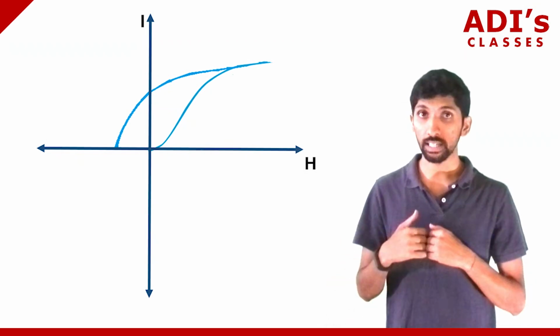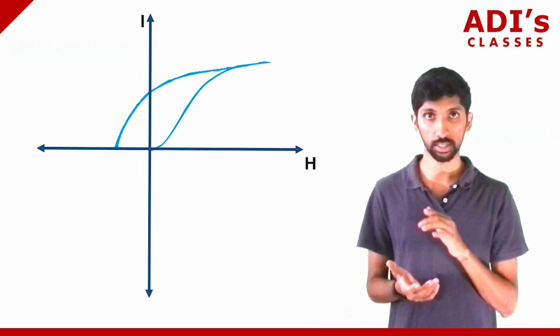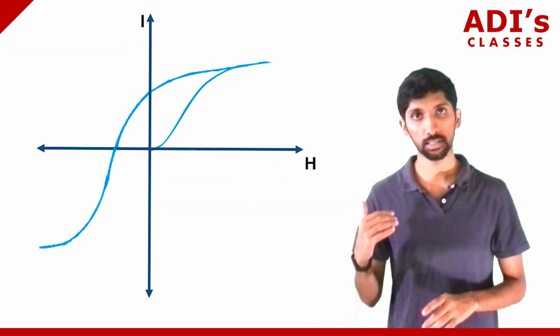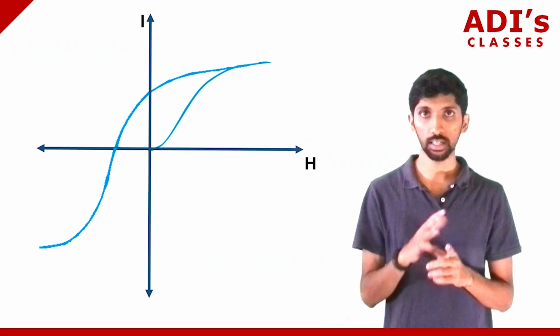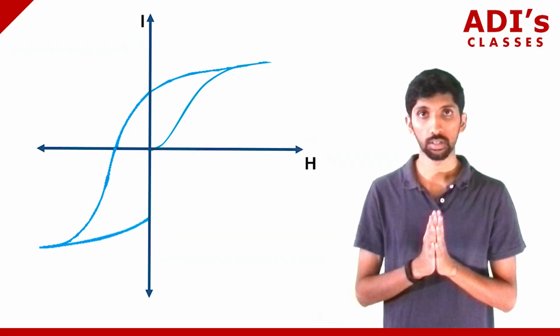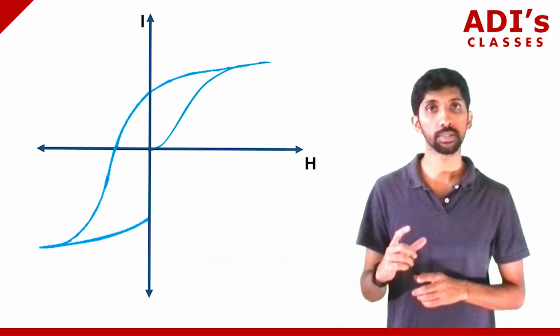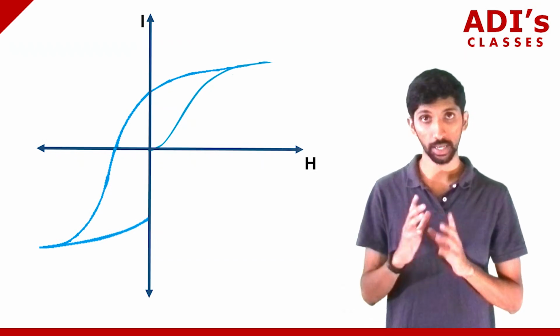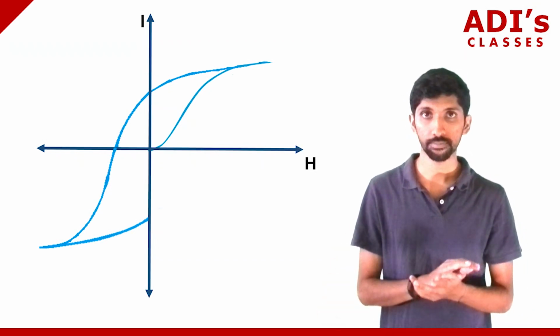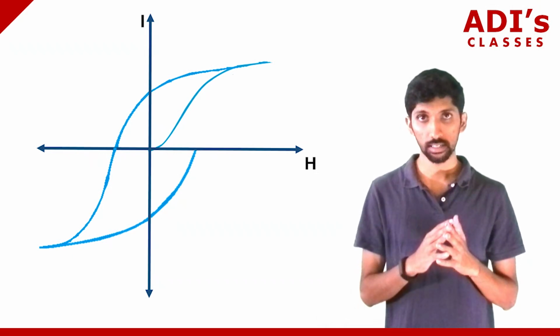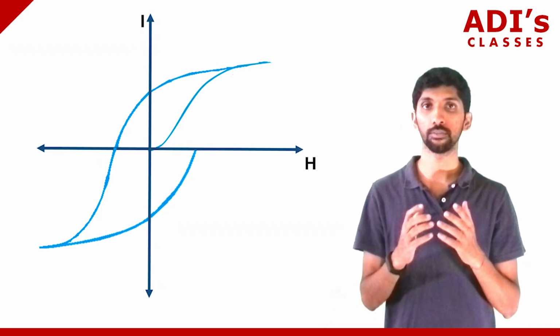That is, we increase the H value but in the opposite direction. It reaches a maximum point, and then we switch off H. Basically, we make H equal to 0. Then I will still be there a little bit. Then we give the value of H in the opposite direction again, and you keep increasing the value of H.